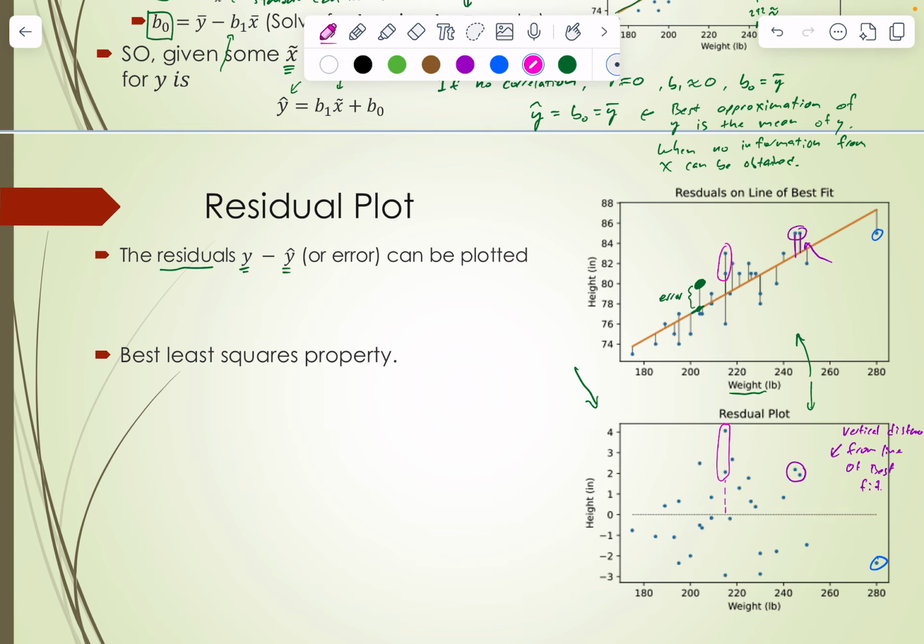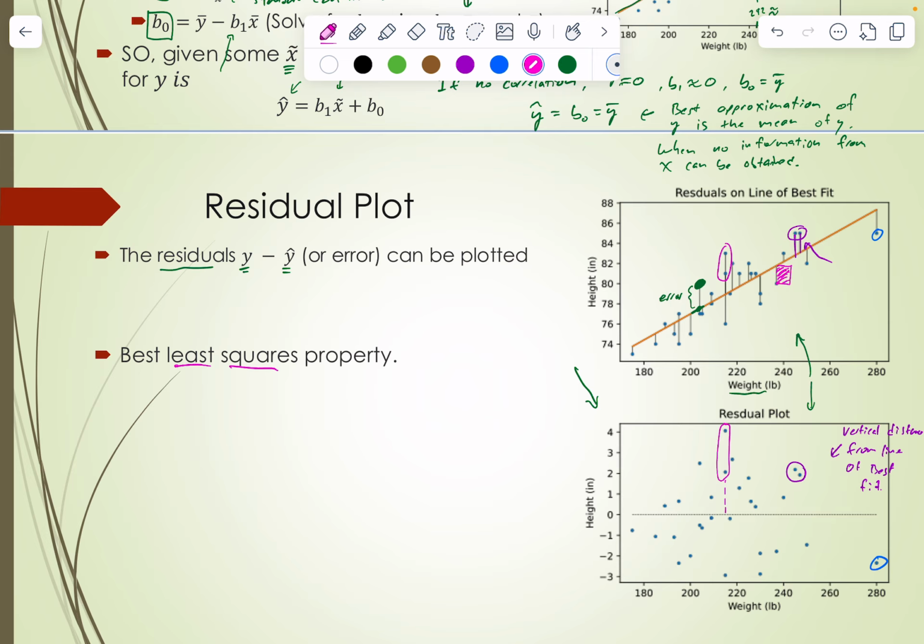Okay, now as it turns out, the formula that I gave you for the line of best fit is a special formula in that it satisfies what's known as the least squares property. Well, what does that mean? Well, if you were to take the residuals and make a square, so you have this data, and you have your line of best fit, and your residual is the difference between your data and the line of best fit.